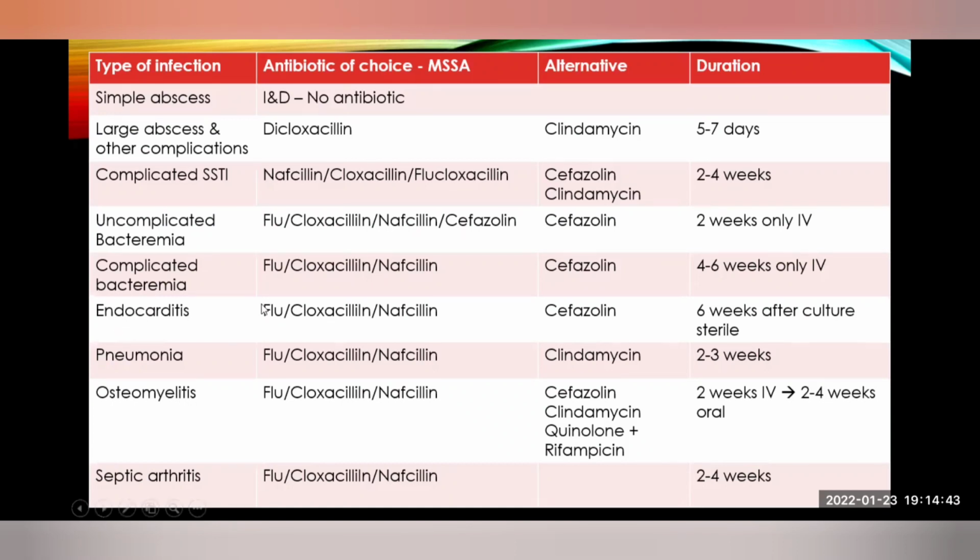In case of endocarditis, flucloxacillin or cloxacillin can be used, and the important thing is treatment for 6 weeks after the culture is sterile. Even in bacteremia, it is 2 weeks after the culture is sterile. So if you have started the patient on treatment today, and up to 5 days there was persistent bacteremia, and on day 7 there was clearance or the culture was sterile.